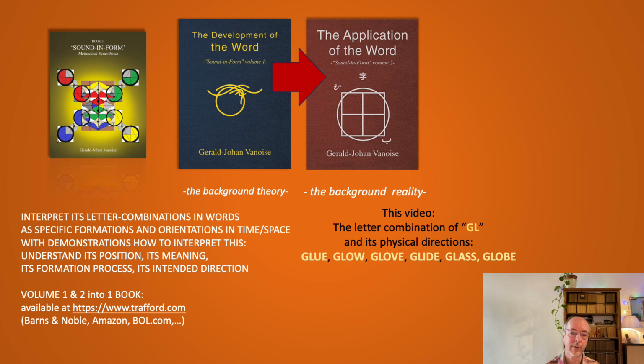Here the foundation of the G and L in combination will be investigated, and I will do that with a couple of words as examples: glue, glow, glove, glade, glass, and globe.